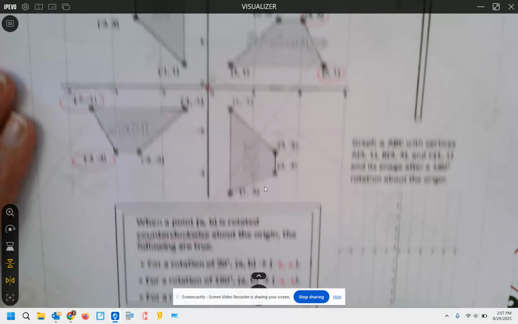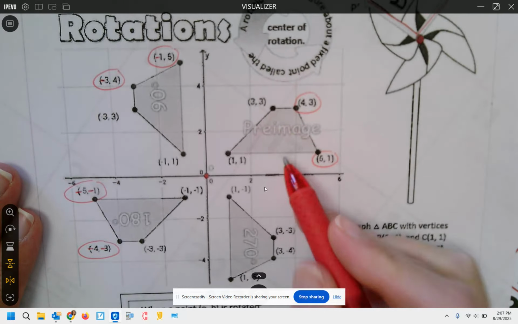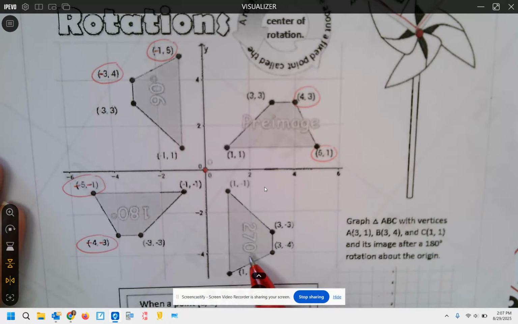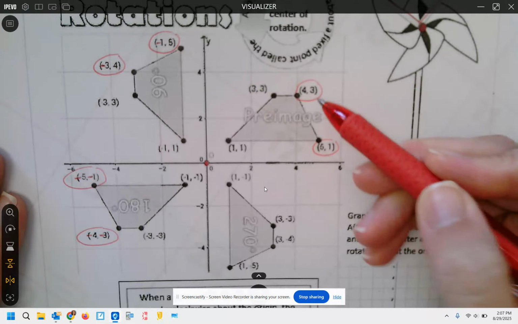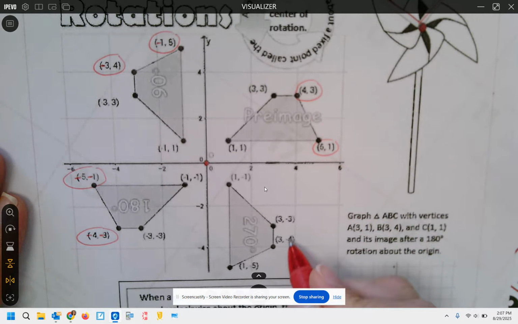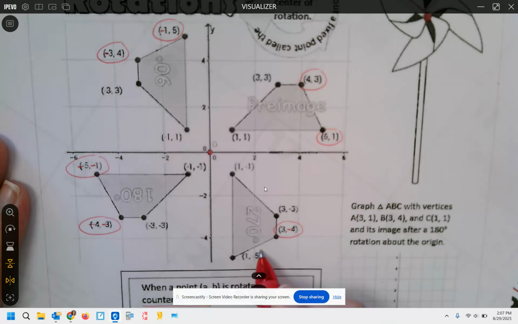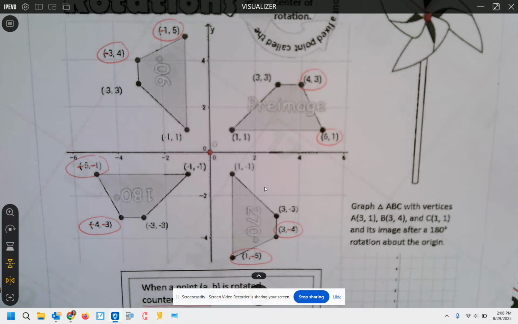And then for the last one, if we start in the pre-image and we rotate 270 degrees, 3 quadrants away, this point 4, 3 now corresponds with 3, -4. This point 5, 1 now corresponds with 1, -5. So again, we are swapping the position of the numbers.